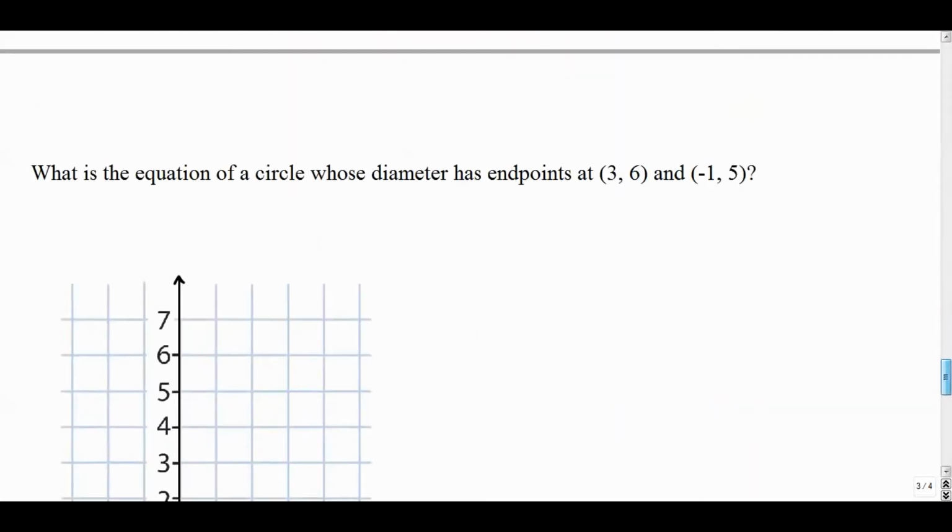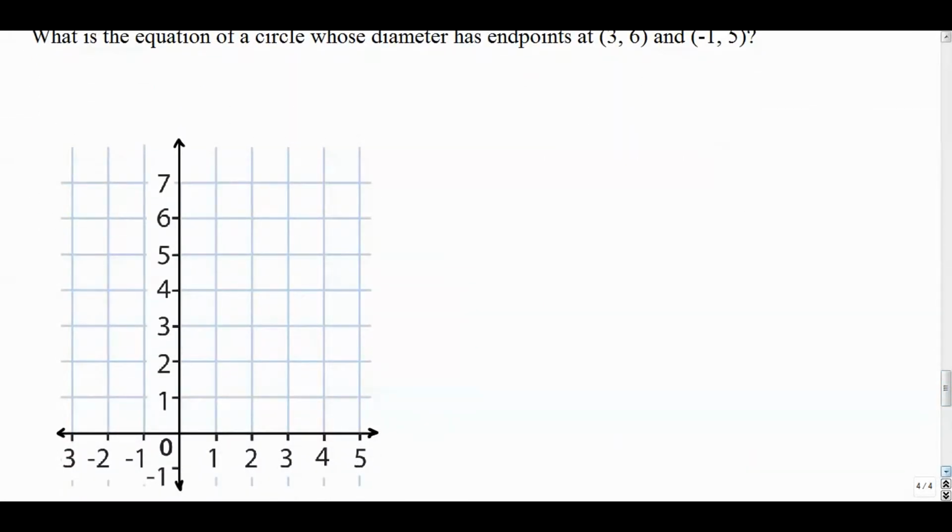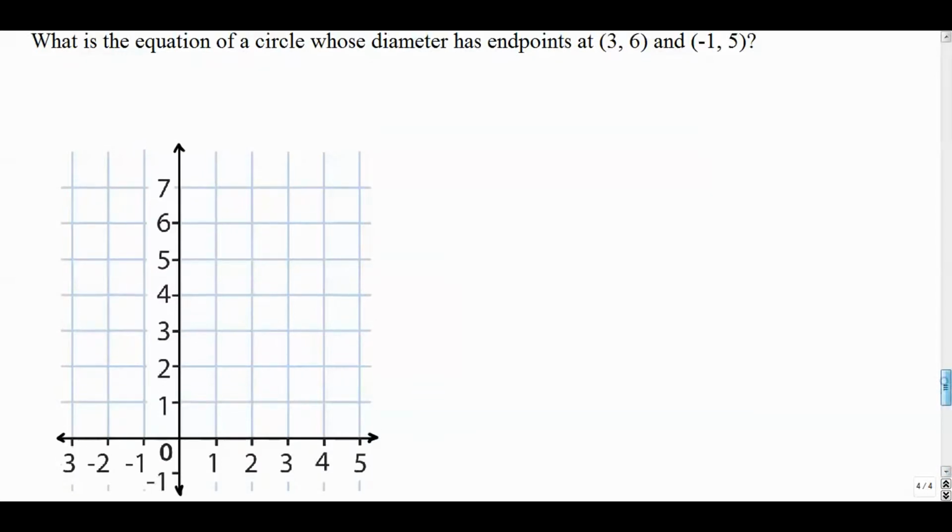Moving on. What is the equation of a circle whose diameter has endpoints (3, 6) and (-1, 5)? So I'll plot these. (3, 6) goes up this way, and (-1, 5) goes right here. Now those are the endpoints of the diameter.